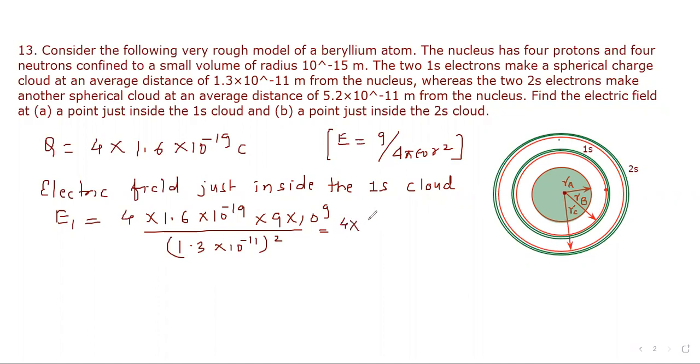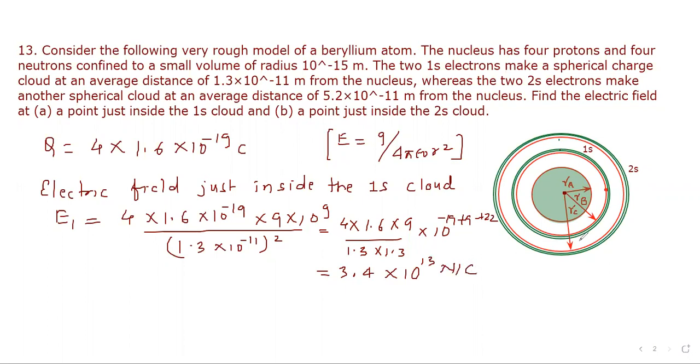It will become 4 into 1.6 into 9 divided by 1.3 into 1.3 into 10 to the power minus 19 plus 9 plus 22. So if we simplify it, we will get 3.4 into 10 to the power 38 Newton per Coulomb.